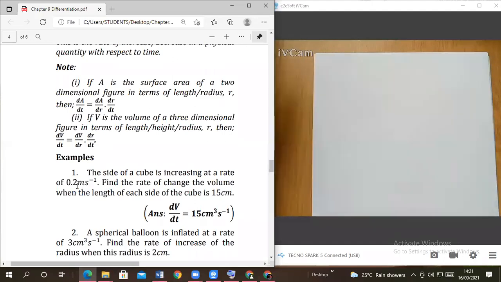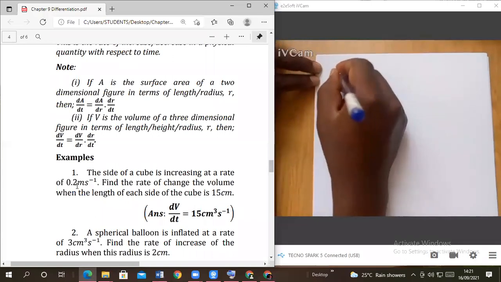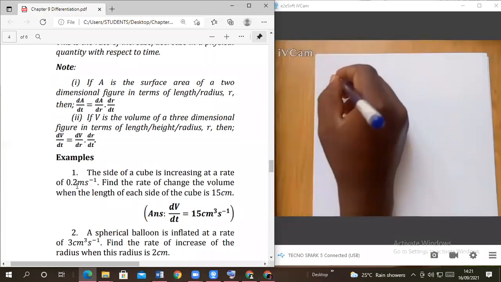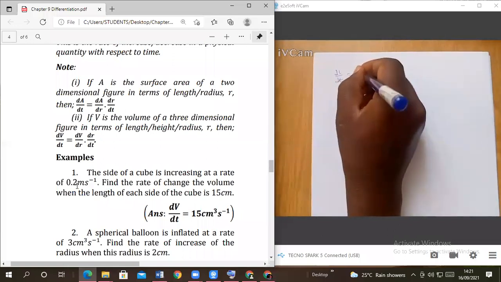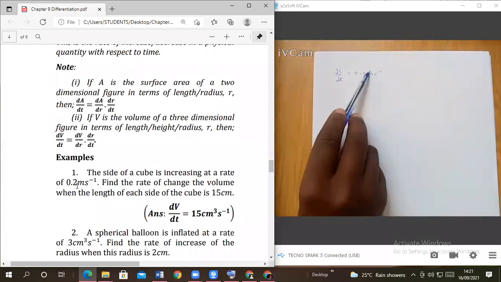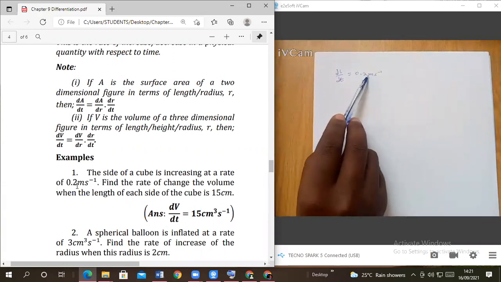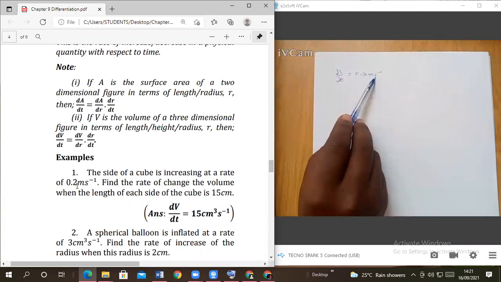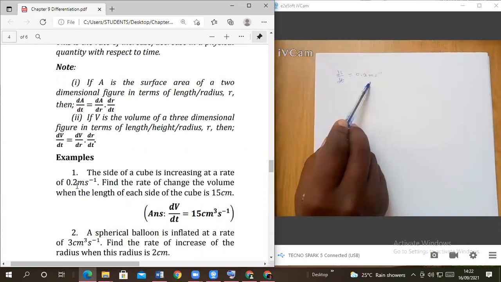So what is given here is the dL/dt, that is the 0.2 meters per second. Meters, that is length, per second, that is the time, the rate of change of length with respect to time, that is the dL/dt given.